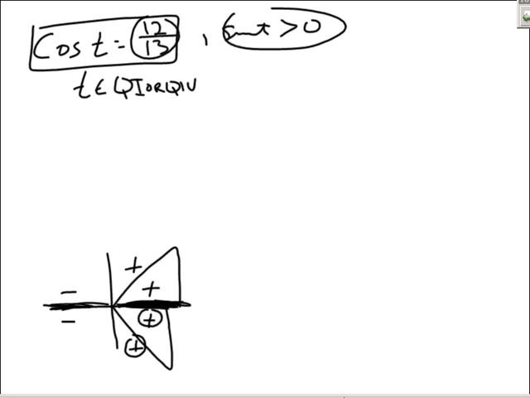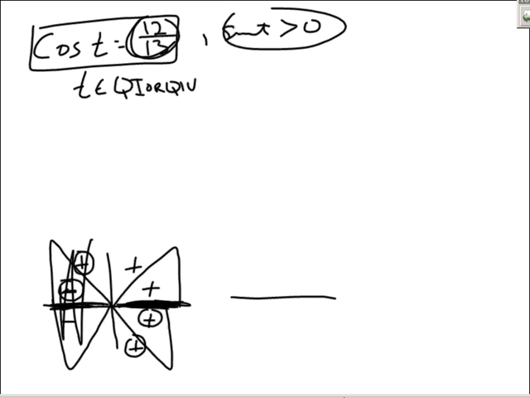Now, in quadrant 2, for completeness, the adjacent is negative, hypotenuse is always positive, cosine is adjacent over hypotenuse. Negative over positive is negative. Same game in quadrant 3. Okay, now, the sine of t is positive. And 2 and 3 failed because the cosine of t should have been positive.